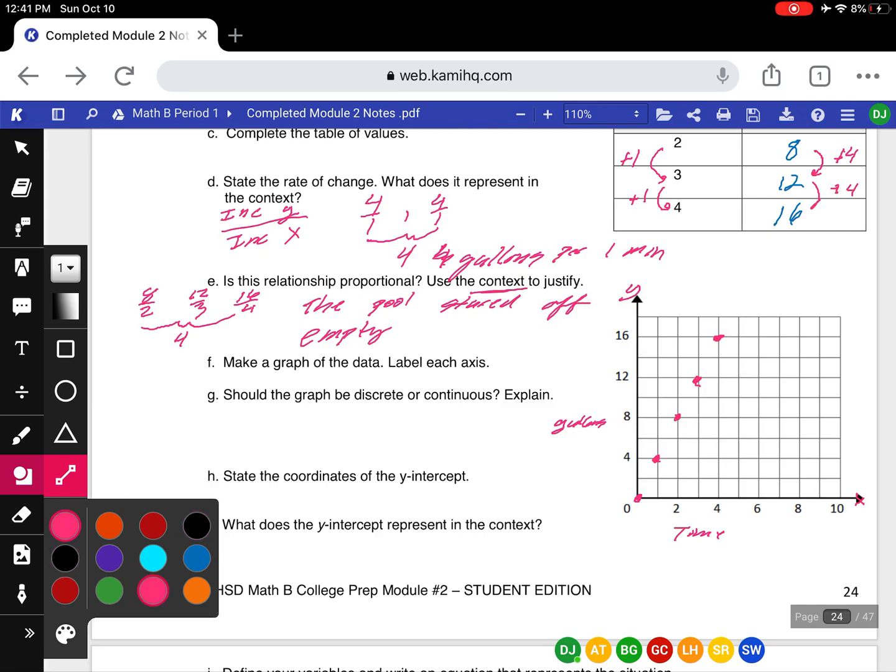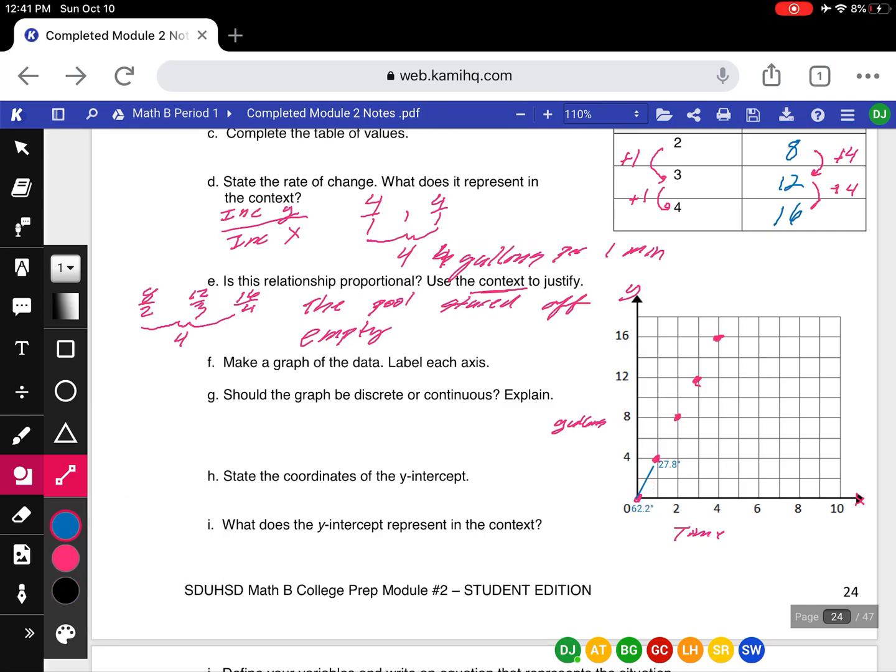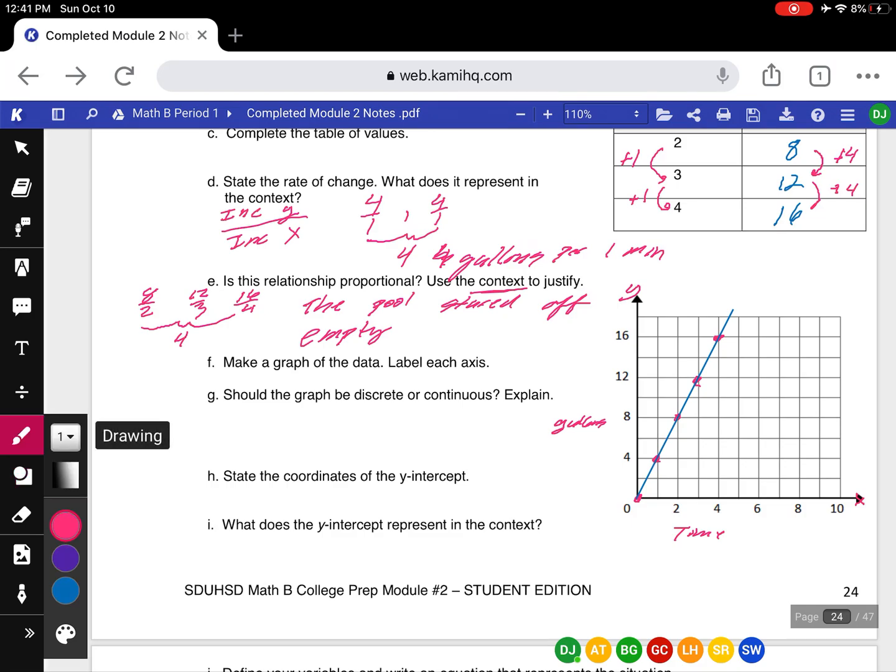And in this example, it's actually a continuous graph, because at 1 minute we can figure it out, at 1.5 minutes we can figure out how much water, at 30 seconds, at 2 minutes and 20 seconds. The water is continually filling up the pool, okay? So we can have a fraction amount of water in the pool.